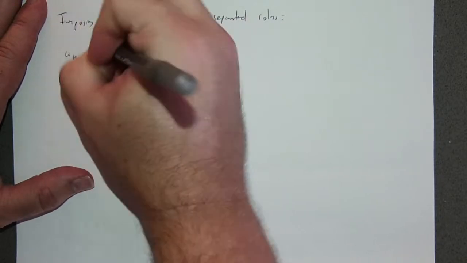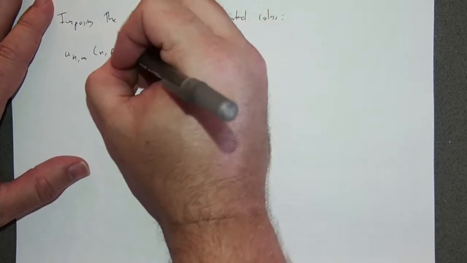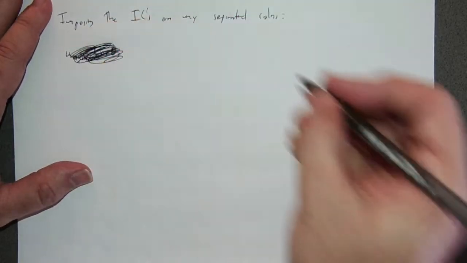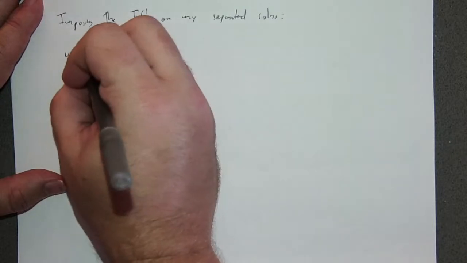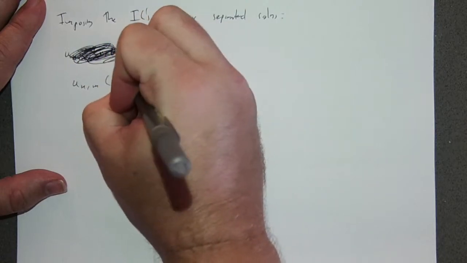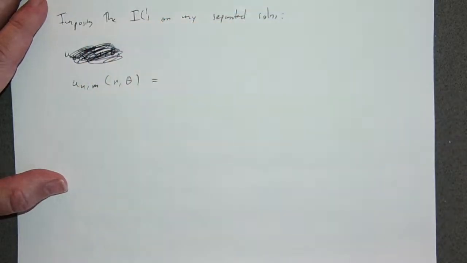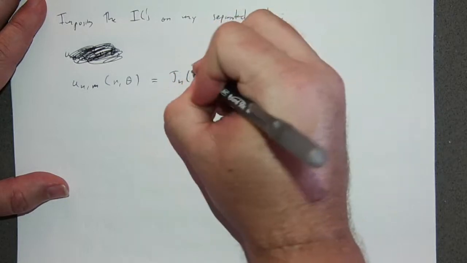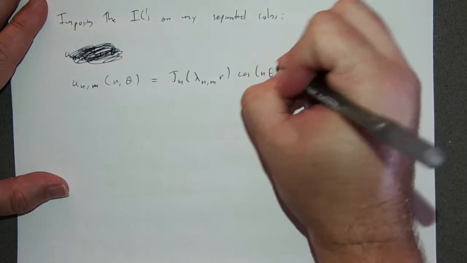what do I get? I get that u sub nm of r theta, or maybe here I should say u sub nm r theta, is going to be the Bessel function times cosine of n theta.